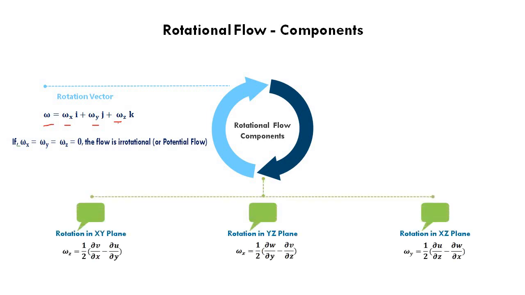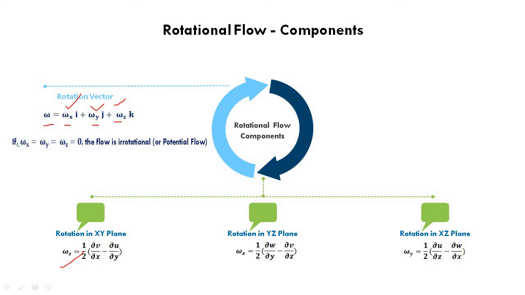And now how to estimate these rotation vectors? As I already told, the rotation vector has three components: omega x, omega y, and omega z. Consider a three-dimensional flow case. If the rotation of the fluid particle is happening in the xy plane, then the direction of the rotation vector will be along the z axis, which is perpendicular to the xy plane.